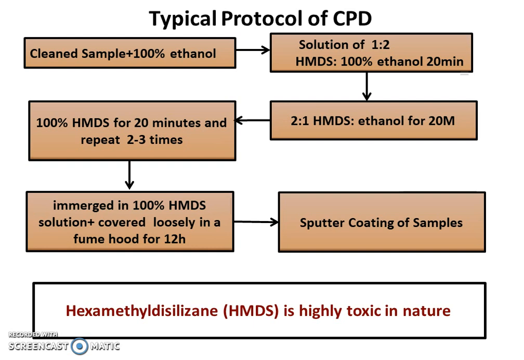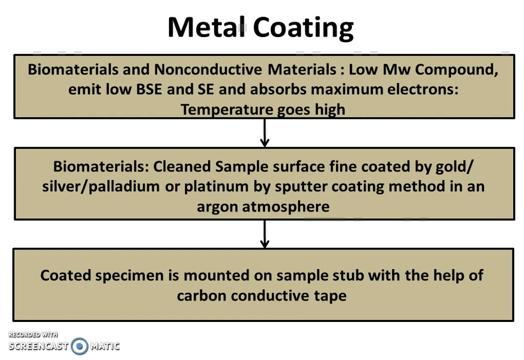After that, samples are coated under a sputter coating machine, which works on the principle of chemical vapor deposition. Under that process, biomaterials and non-conductive materials are coated by means of a low molecular weight compound.